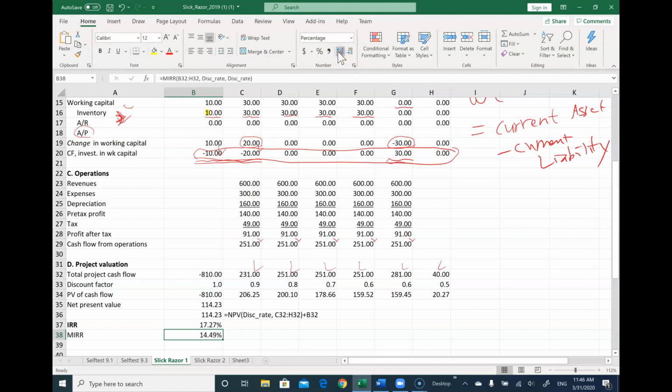So if we assume that all these proceeds generated by the project is reinvested at the market rate, then the internal rate of return of this project is 14.49%, which is still greater than the discount rate. Or if the proceeds can be reinvested and earn the same rate of return as the internal rate of return, then the rate of return from this project is 17.27%.